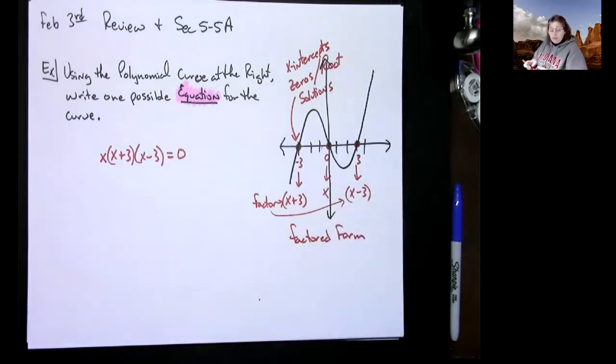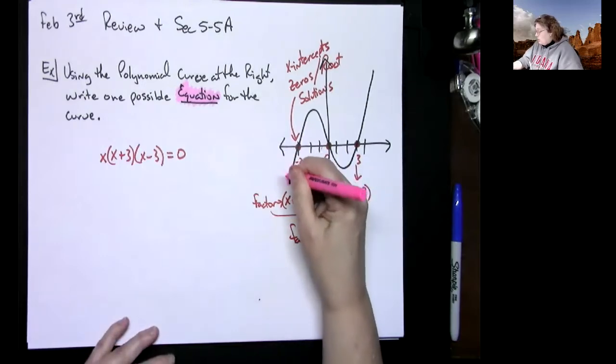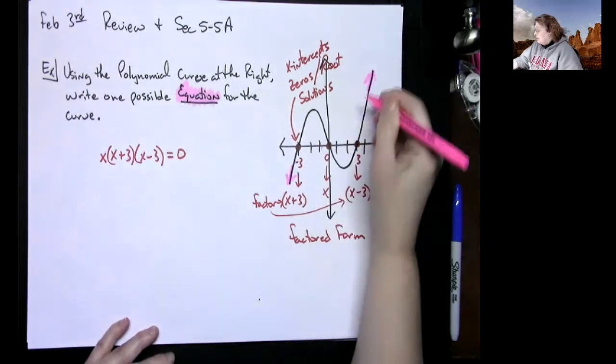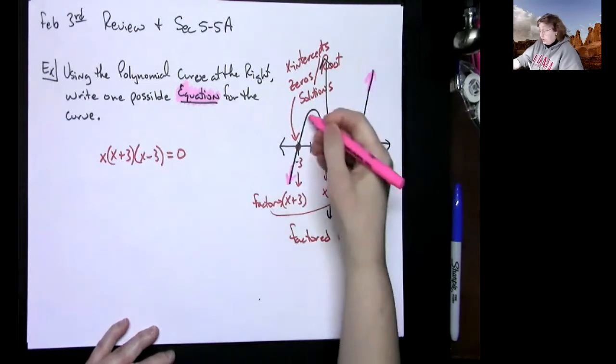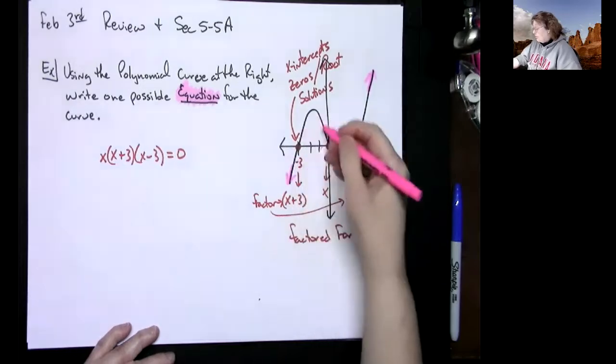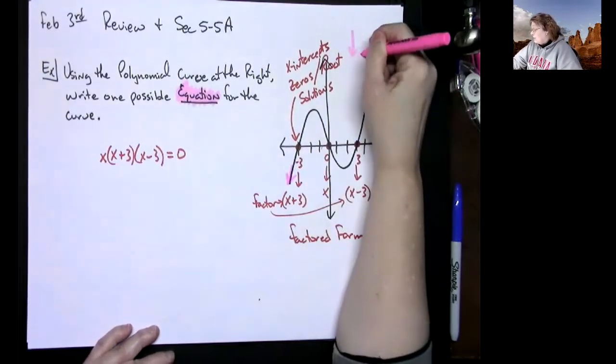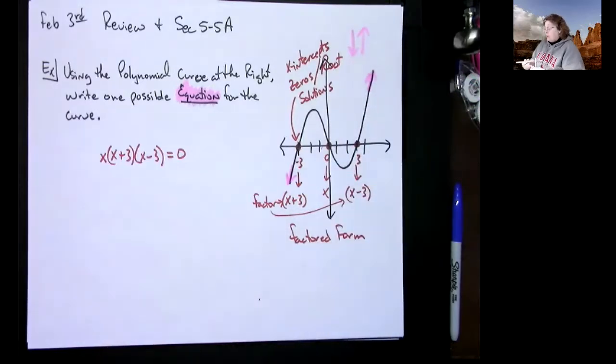Now I do have to make sure that I consider my end behavior. It's going down here and it's going up here. We took a good look at that last time and a couple of times before that. So it's obviously down-up end behavior, which means it's going to be an odd exponent.